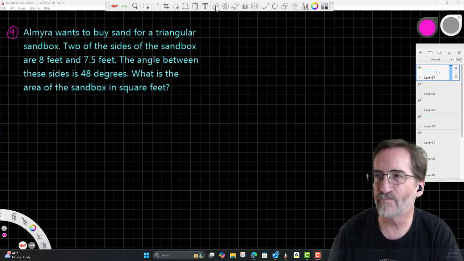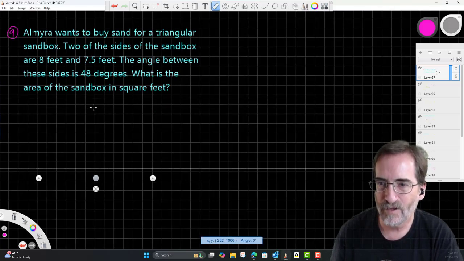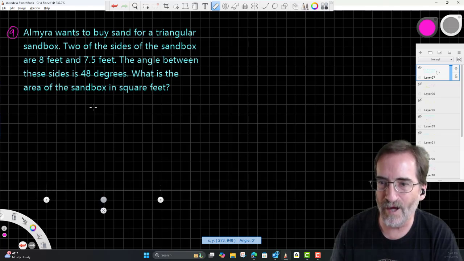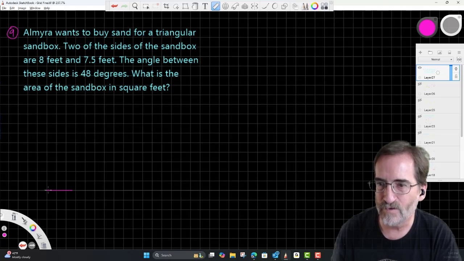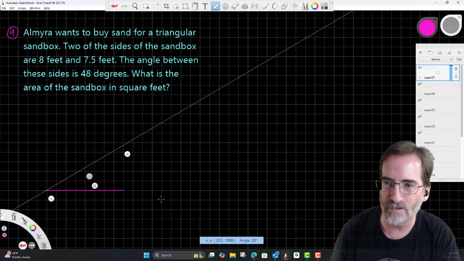Let's do a little bit of a scale drawing here so we can understand what it is we're talking about. We're talking about a sandbox that has one side that is 8 feet long: 2, 4, 6, 8 feet. Another side is 7.5 feet long with an angle of 48 degrees.